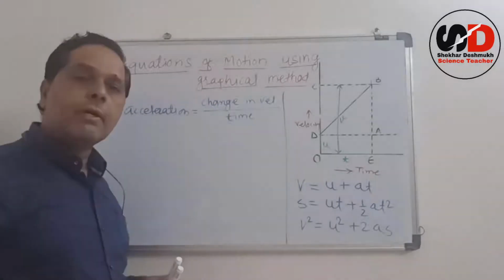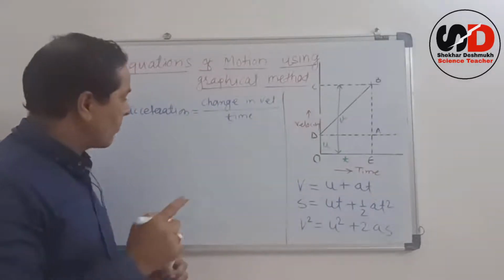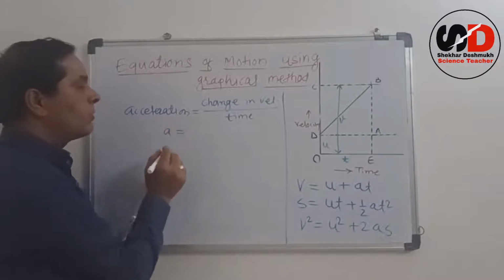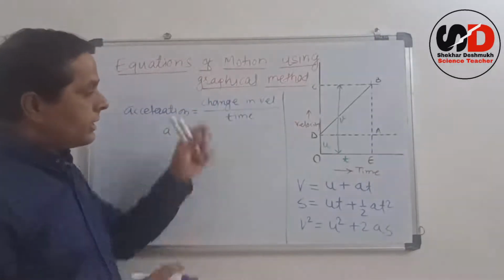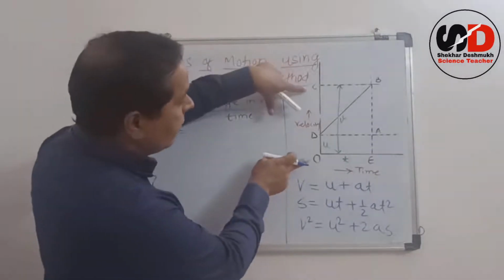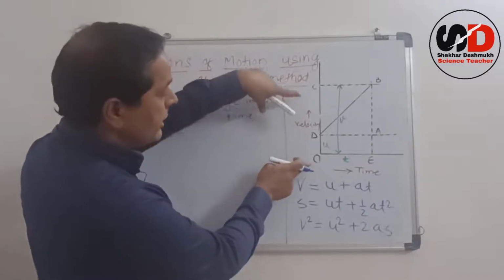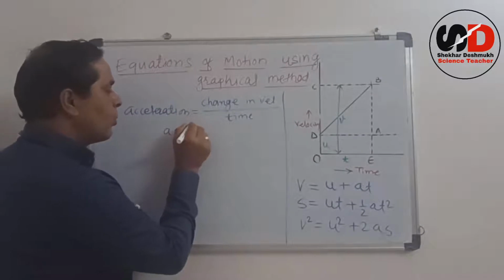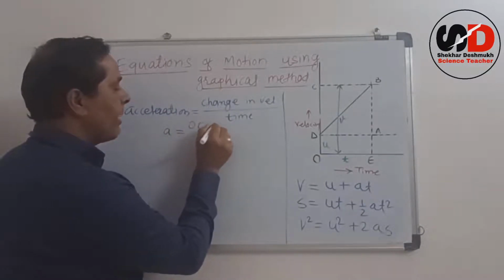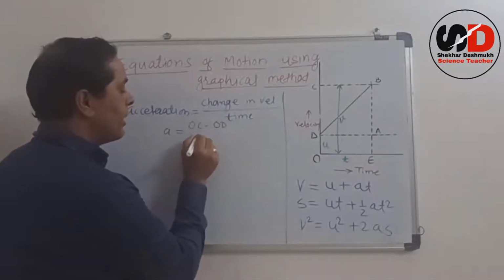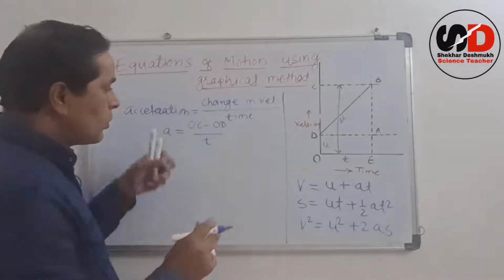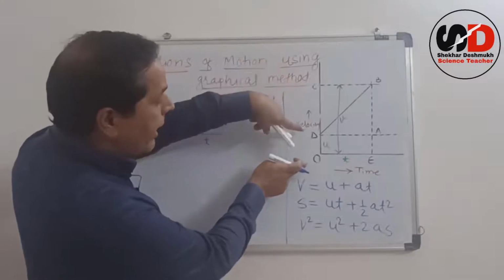So A is equal to change in velocity upon time T. Change in velocity means final velocity minus initial velocity, so OC minus OD upon time T. What is this OC minus OD?